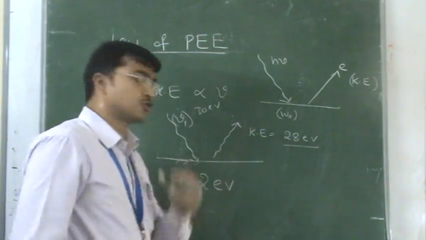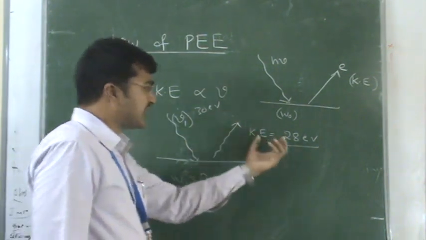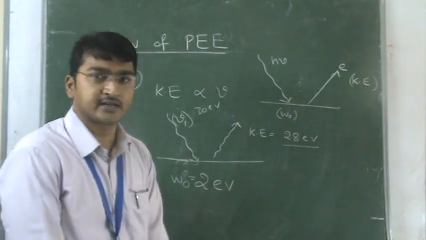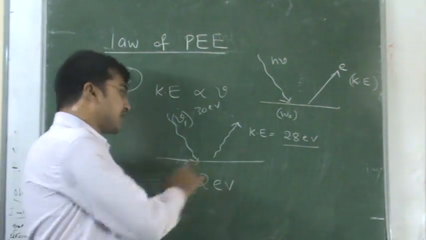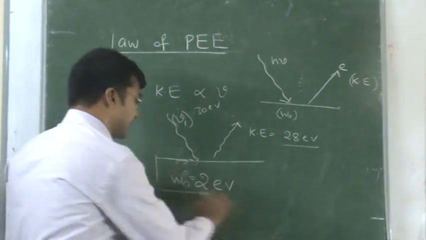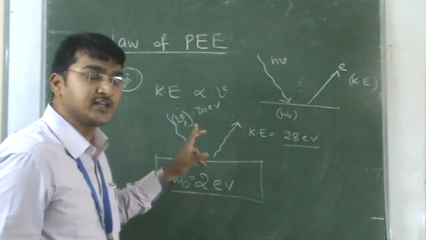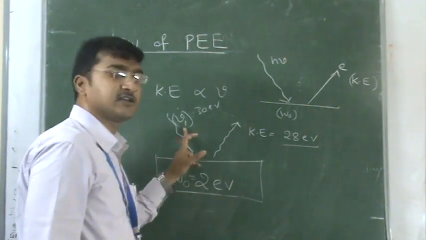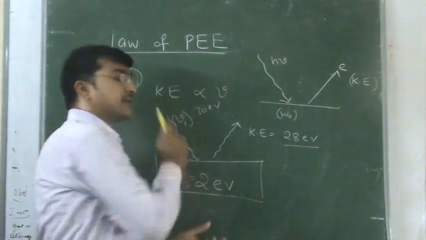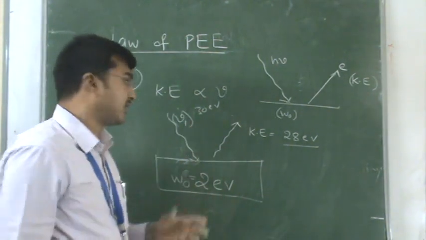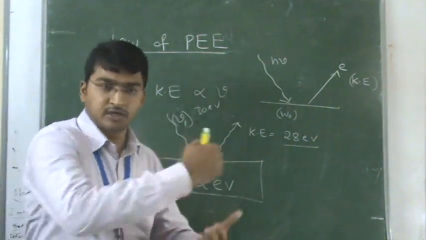Now, is there any chance to increase this 28 electron volts? Without changing the metal plate, I am changing the frequency of light. For example, this red color has 30 electron volts. VIBGYOR, we know that.